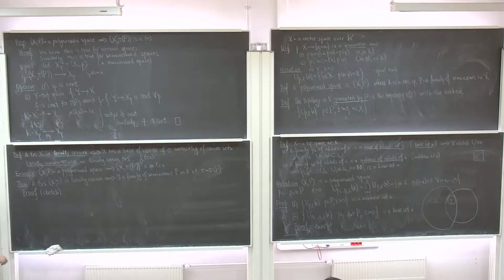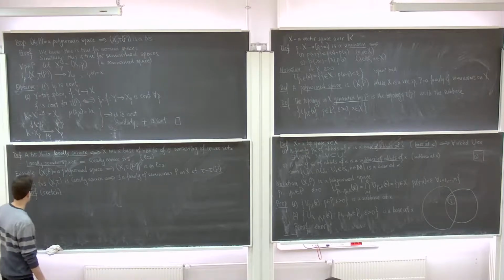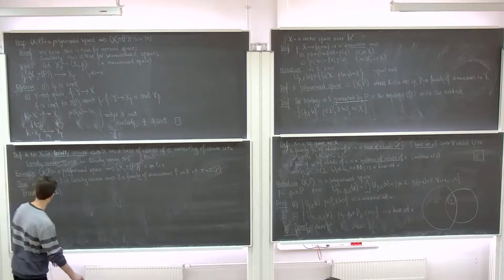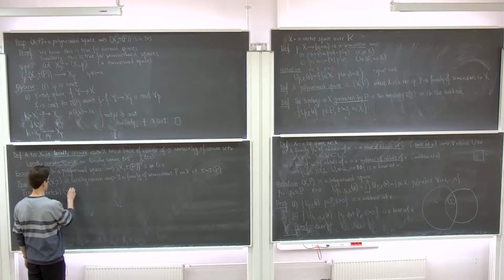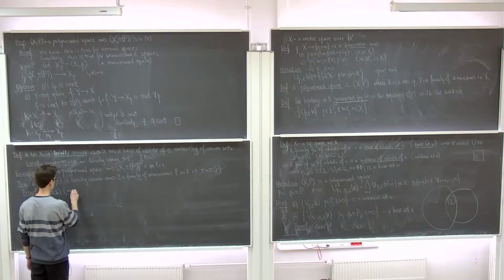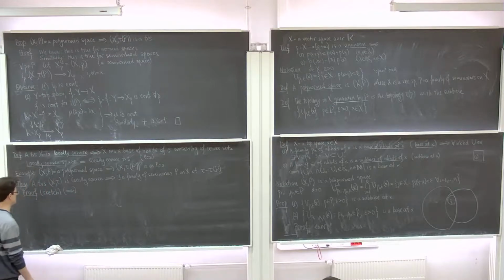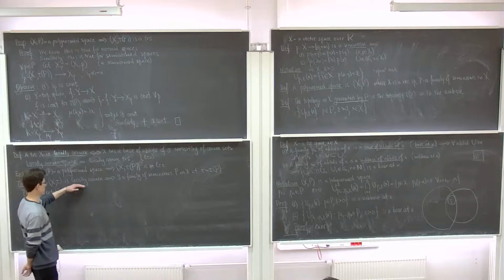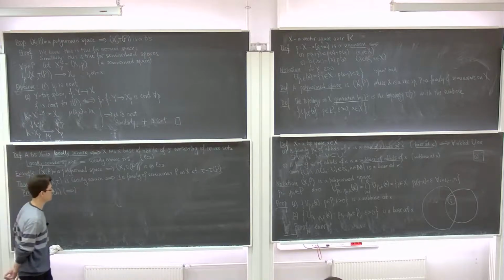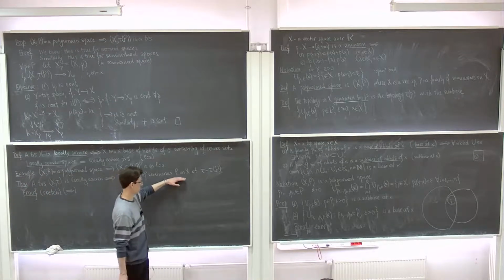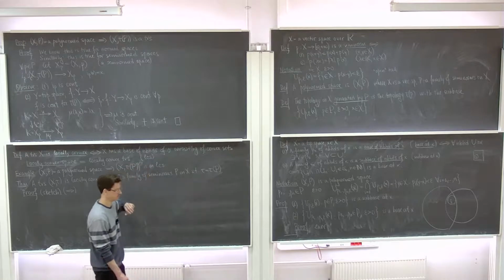I'll leave some easy details of the proof as exercises for you. Of course, we have to prove the left-right implication. The opposite implication is clear from the previous example. So suppose we start with a locally convex space, and we want to construct a family of seminorms which generates the original topology.